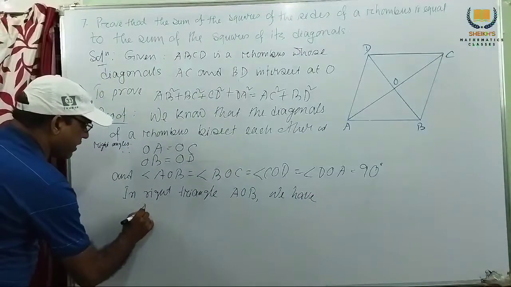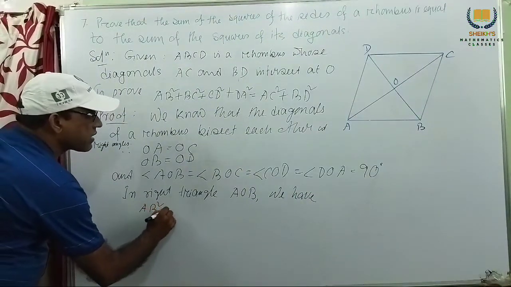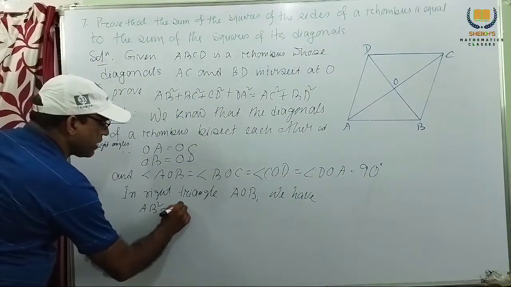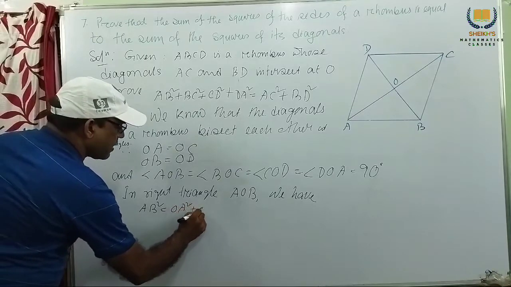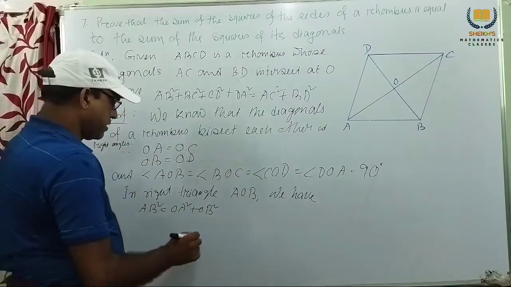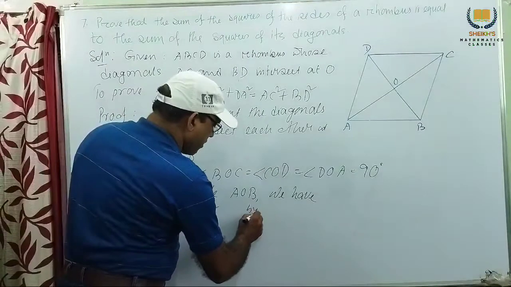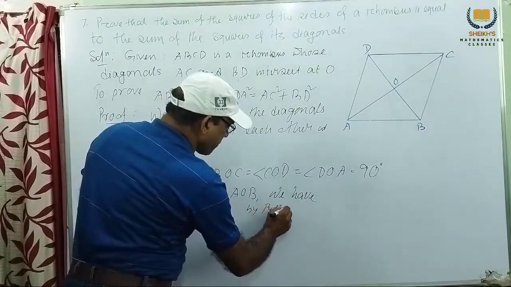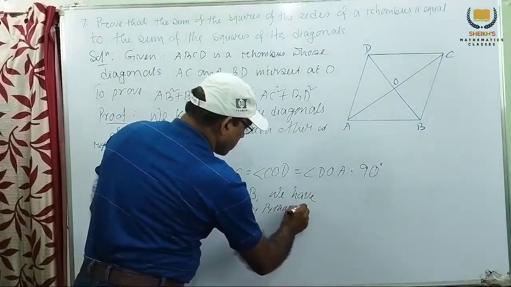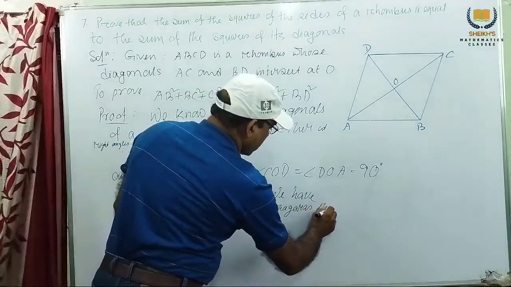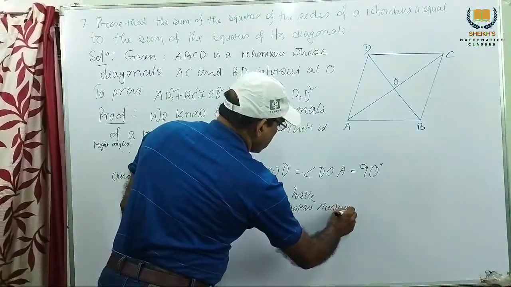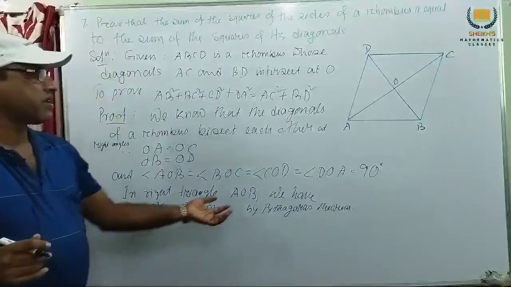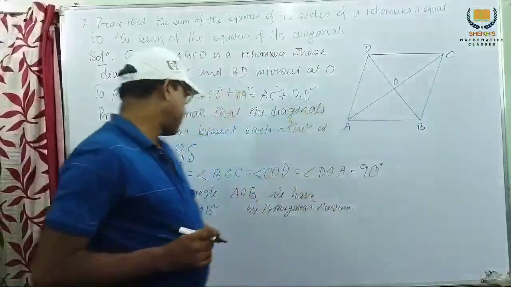So we get AB square equal to OA square plus OB square by Pythagoras theorem. This is number 1.